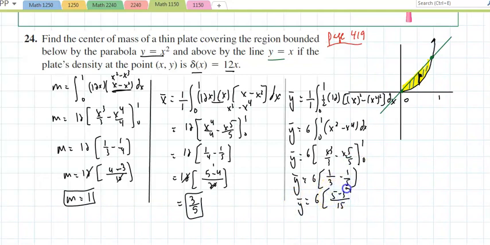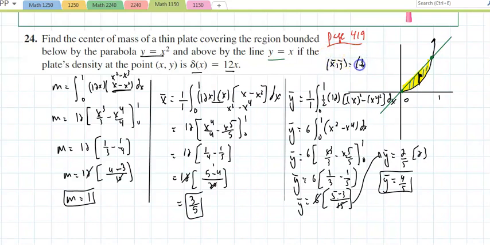That is 5 minus 3. So y bar would be divided by 3, that's a 2. Divided by 3, that's a 5. And that right there is a 2. So y bar is 4/5. So the centroid, x bar, y bar, is actually 3/5, 4/5.